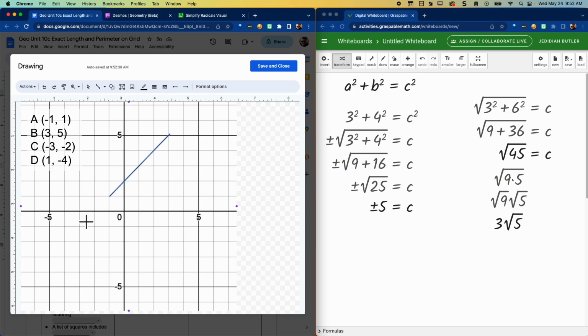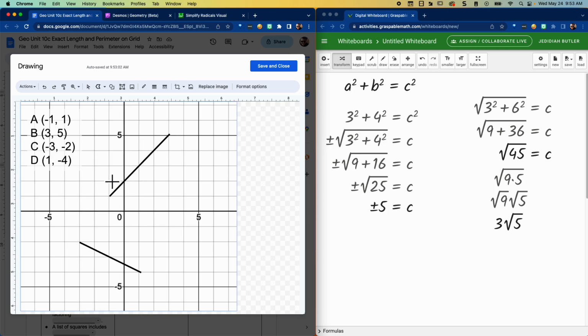And negative 3, negative 2 goes to 1, negative 4. So we have two segments. I'll make them a little bit more bold here so they stand out. We want to calculate these distances.